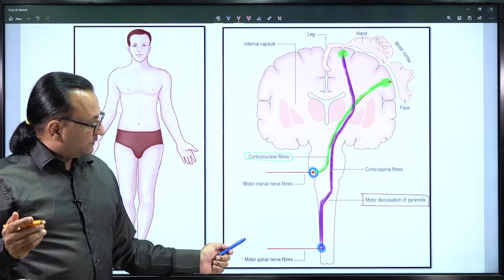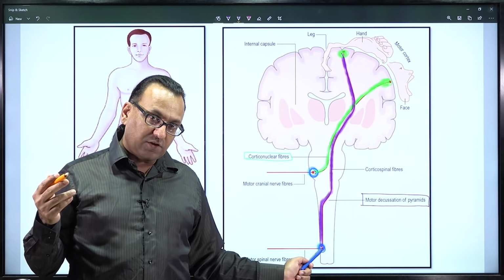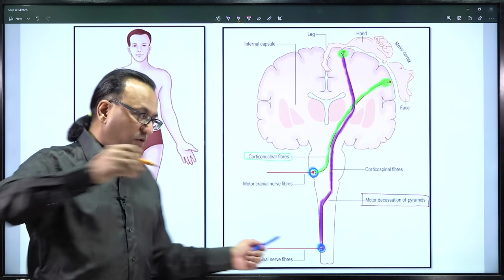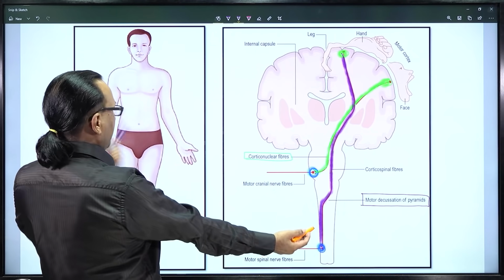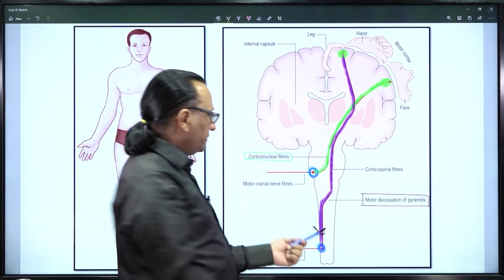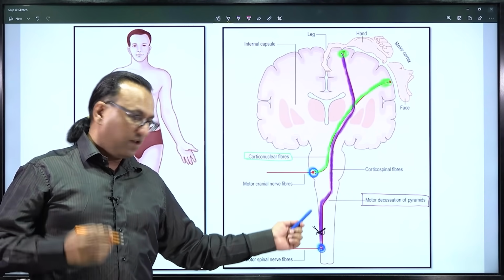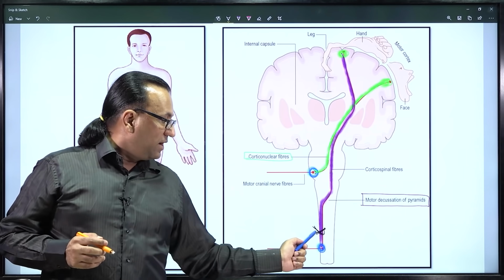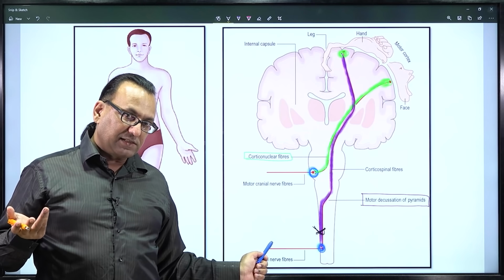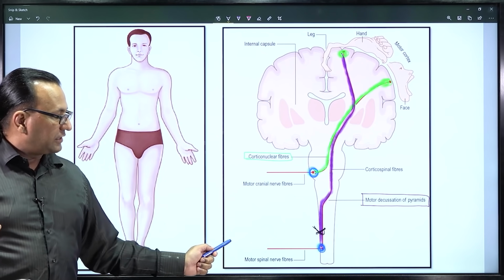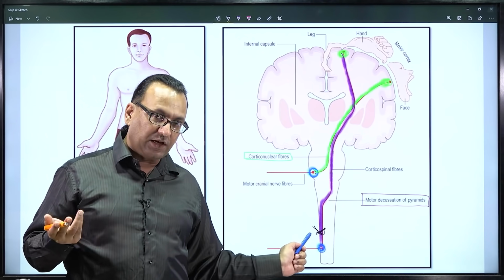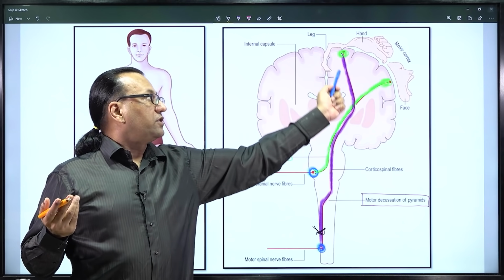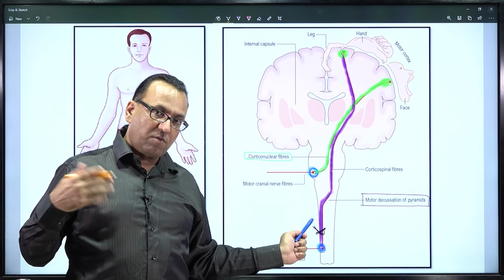So the thing is, clinically, if you have got a case of Brown-Séquard syndrome on the right side of the spinal cord, then it is a UMN type of lesion and the right side of the body will be affected. It will be right-sided spastic paralysis. Now, why spastic paralysis? Because it is a UMN type of lesion. As I mentioned, upper motor neurons are usually inhibitory to the lower motor neurons.